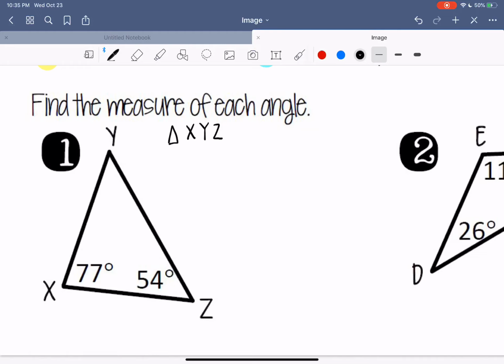And they usually like to pick letters that are after one another, so it's more convenient. So if they told us in the triangle sum theorem that the measure of the three angles have to equal 180, we can then add up our different angles, 77 plus 54.